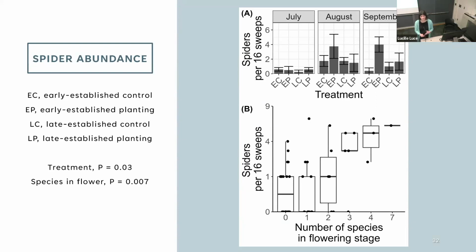Qualitatively, I think that similar things are probably happening with the lady beetles and with the bees, but I didn't catch a whole lot of either group in the context of this experiment. So the lady beetle and bee data aren't really suitable for statistical analysis.